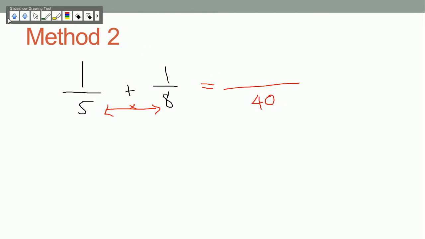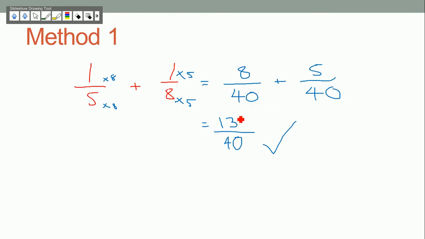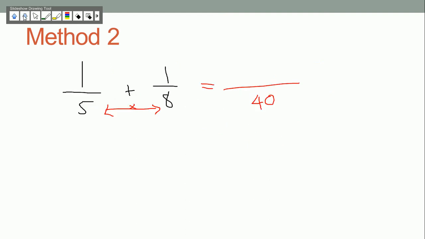And you'll notice that if we go back to method 1, that's the same denominator that we found over there. Now that is just a coincidence. In some cases you are going to get a denominator that is higher than the people that worked it out in method 1.